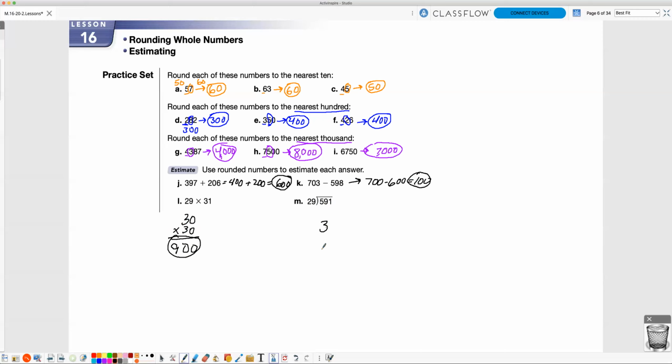I would change that 591 into 600, and I would change the 29 into 30. So I'd have 600 divided by 30, and when I do this, I can see that 0 cancels that 0. Now I have 60 divided by 30, and I know that is 20. 20 would be my estimate.